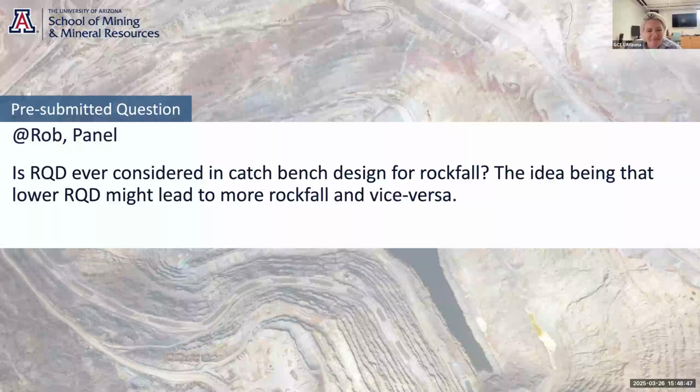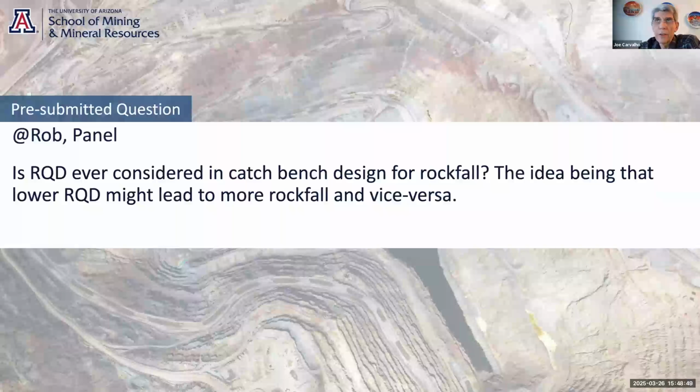Go ahead. Yeah, I was just going to say, I think there is an opportunity to find out where the RQD threshold is that will change the type of rockfall, basically from individual large blocks to more of a scree that fills in benches very quickly.